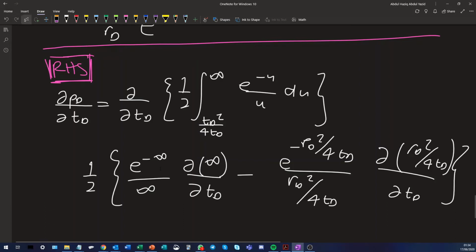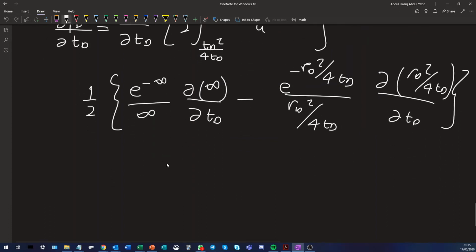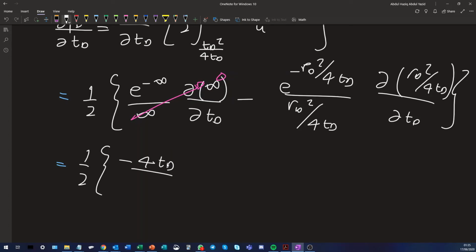Okay, so we already know that this term ends up going to 0, so this term just cancels out to 0. So what we are left with is, so we need an equal sign here, we are just left with half negative, again, negative 4 t sub d over r sub d squared, times e to the negative r sub d squared over 4 t sub d.